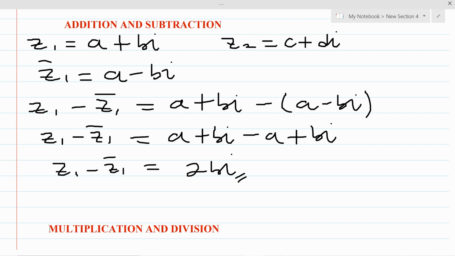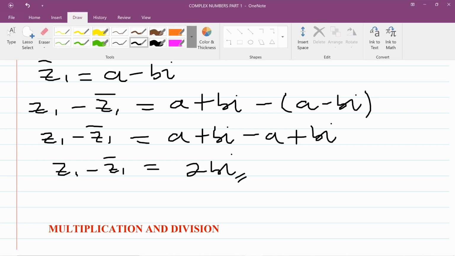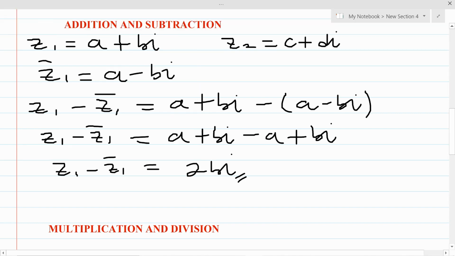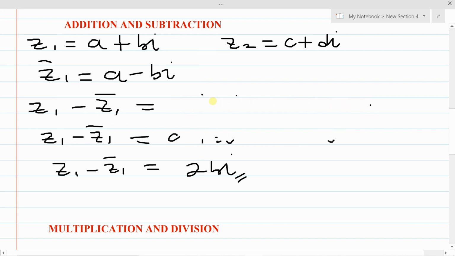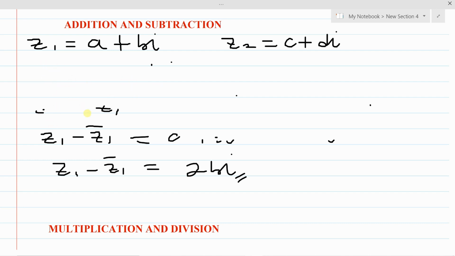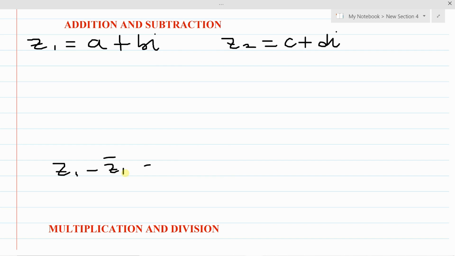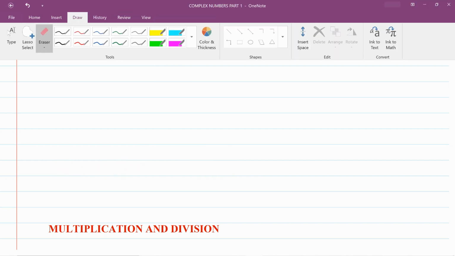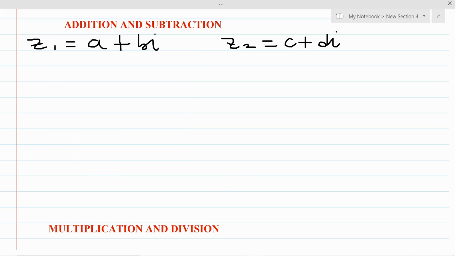Now these are not what you are interested in. You are interested in writing a complex number, the imaginary part and the real part, in terms of its conjugate and the main complex number. Let's try to deduce that and see. There is a special formula that we are going to deduce from what we already know. I hope you've written them down, because I'm just going to write them.